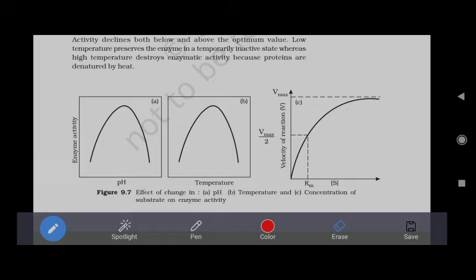Now, the most important part regarding the velocity of the reaction with the substrate concentration. With more substrate, the velocity of the reaction initially increases, reaches a maximum value which is called Vmax, after which it is in a plateau stage.